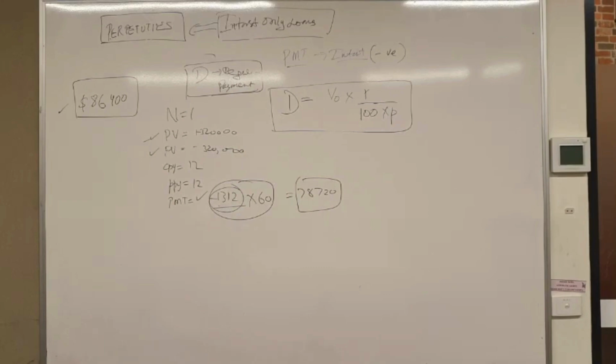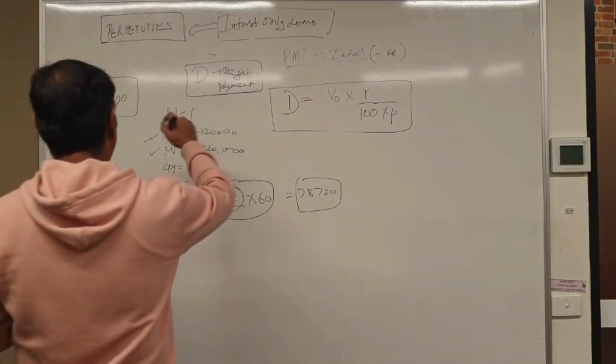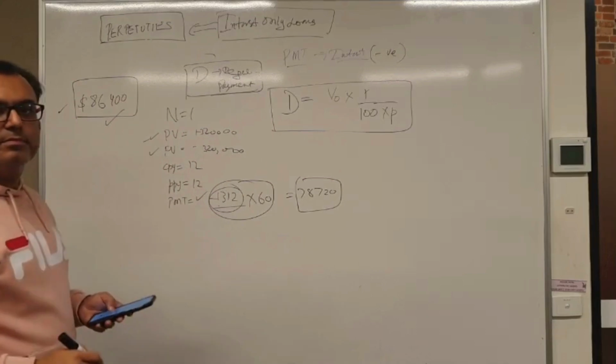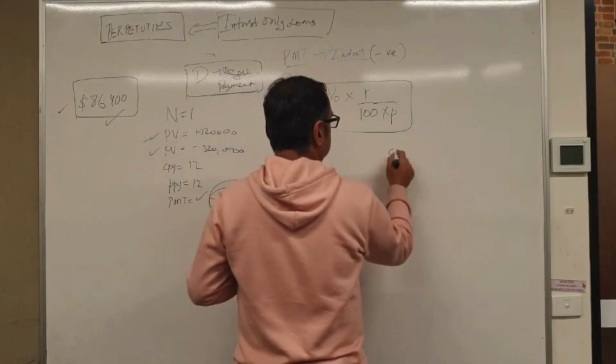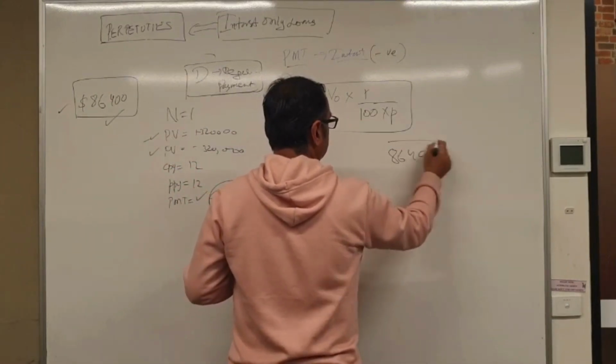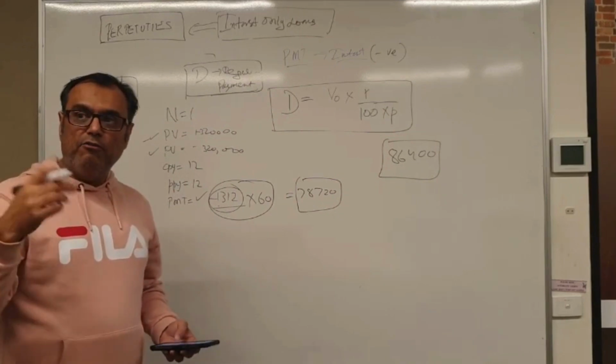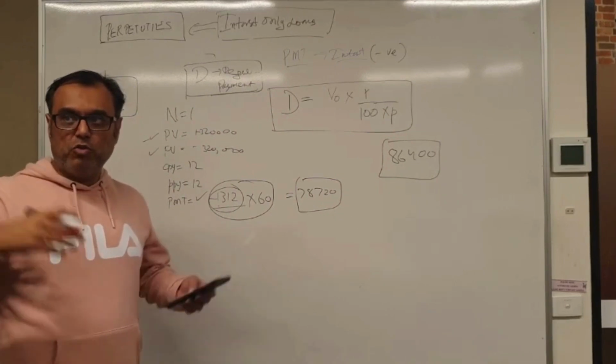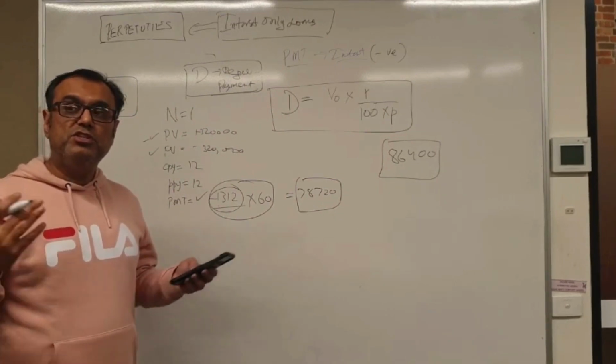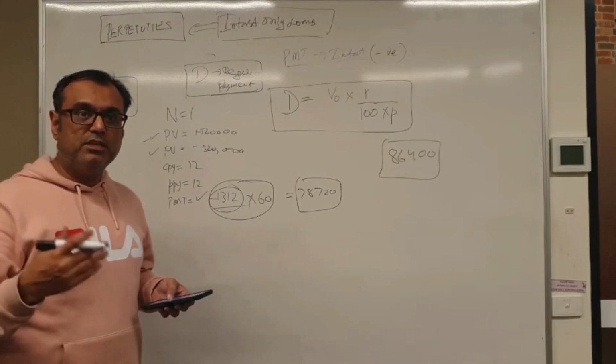Now, how much was this guy paid for 5 years? 86,400? Yes. For how long was he paid this amount in total? Which is how many installments? 60.